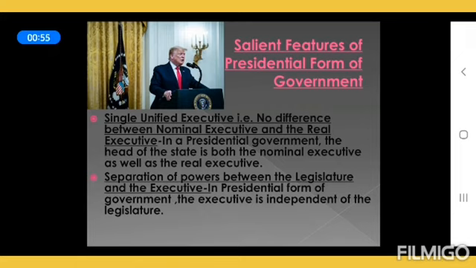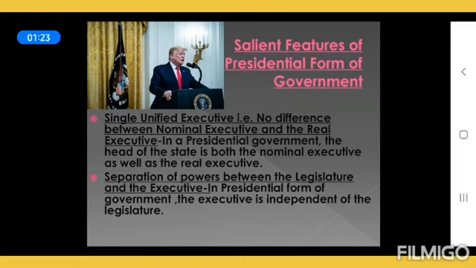So the executive heads of the various government departments cannot become members of the legislature, which means that they have no right to participate in the activities of the legislature. That is why the president, as the head of the state and the government, is not a member of the legislature. That is why they are not accountable and responsible to the legislature.